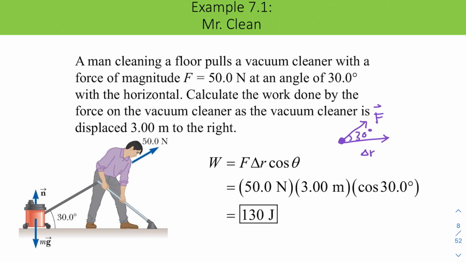Hopefully you can visualize this. You can come up with a simple free body diagram to ease your calculation. So the amount of work done by the man on the vacuum cleaner is 130 joules.